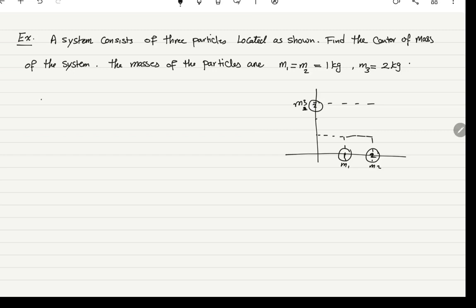Now x center of mass in this case is equal to m1 x1 plus m2 x2 plus m3 x3 divided by m1 plus m2 plus m3.